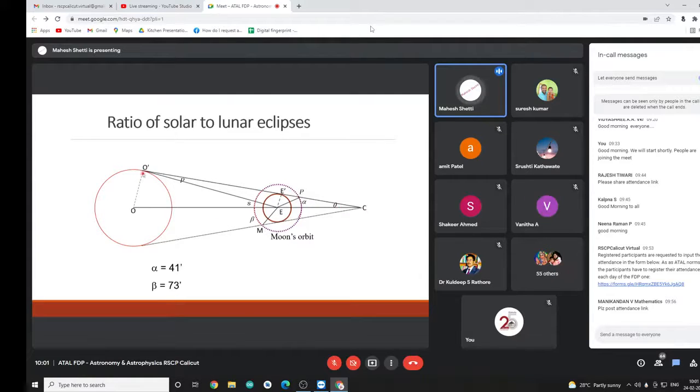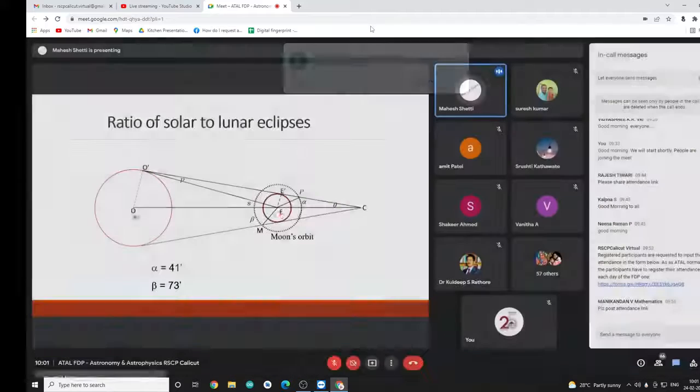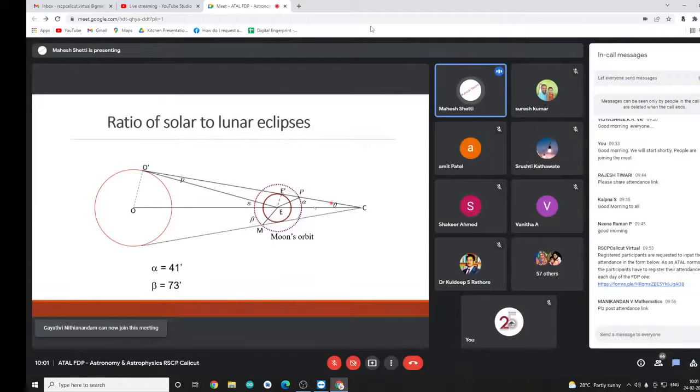Using the property of similar triangles, the corresponding sides are proportional: OC corresponds to EC, O'E' corresponds to OE, and E'C corresponds to EC, EE' corresponds to OO'. So considering this triangle and the smaller triangle over here, we can write certain formulas. OO' upon EE' is equal to OE upon EC.